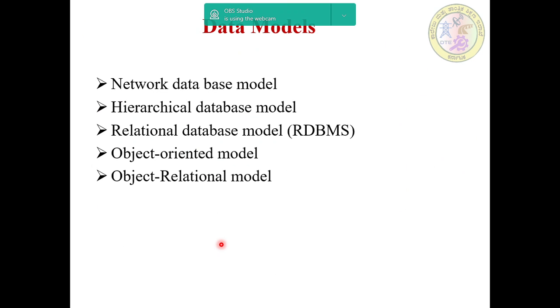And then the next data model is the relational database model. Here, the data is stored in tabular form of columns and rows. Each column in the table represents an attribute and each row represents a record.